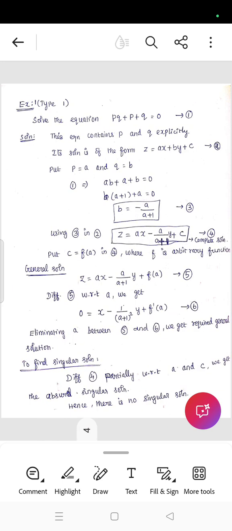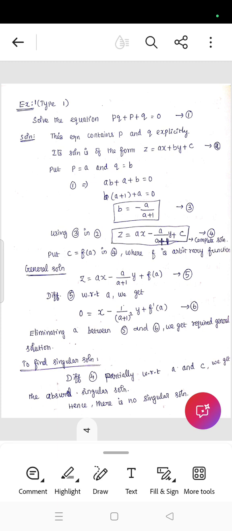After finding the complete solution, we go for the general solution by putting c equal to some arbitrary function of a. So we obtain z in terms of a.